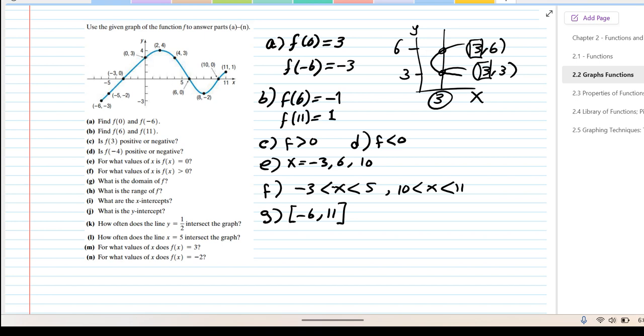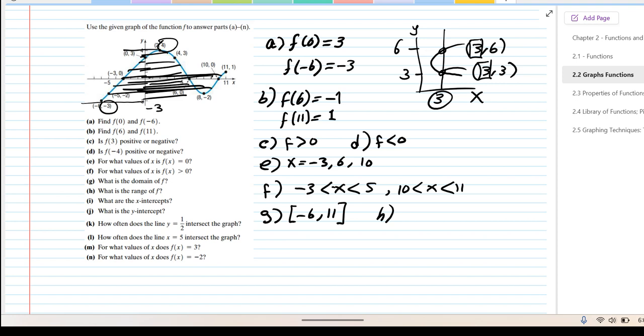In part H, what is the range of the function? For range, you look at the y values. So notice the function has values along the y-axis anywhere. It looks like it's bounded between -3 and 4, right?